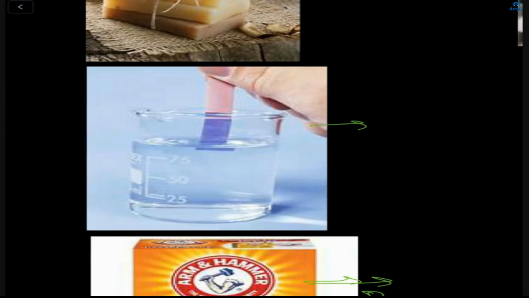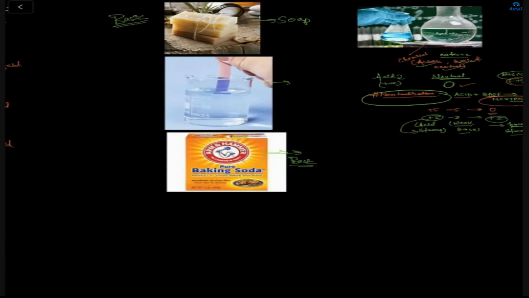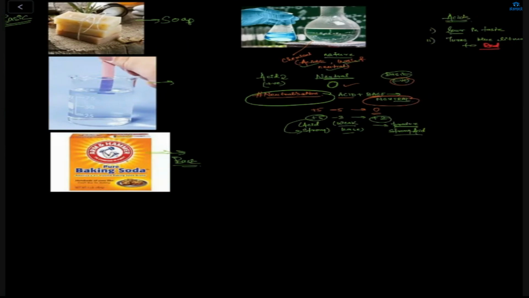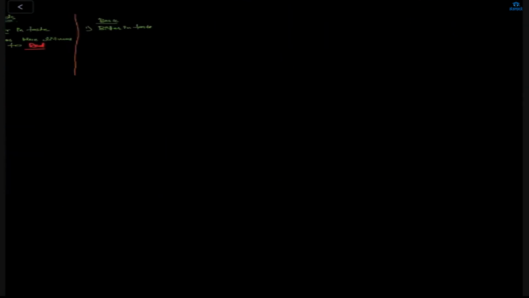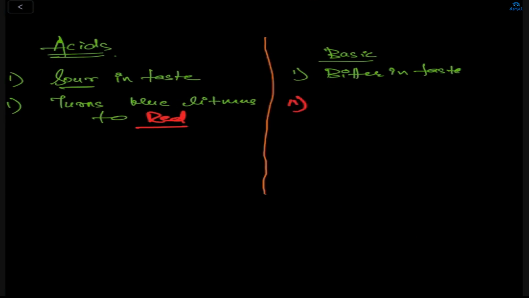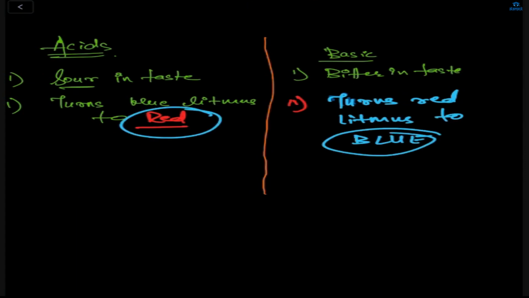Red, ma'am, it will turn red. And if we dip the red litmus in the basic, it will turn blue. So this turns red litmus into blue. This is blue and this is red.